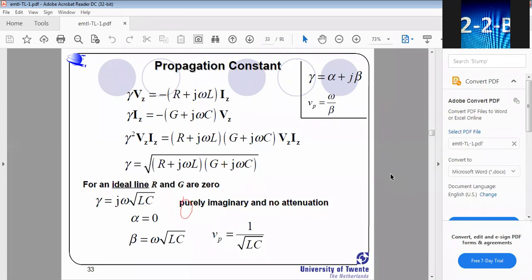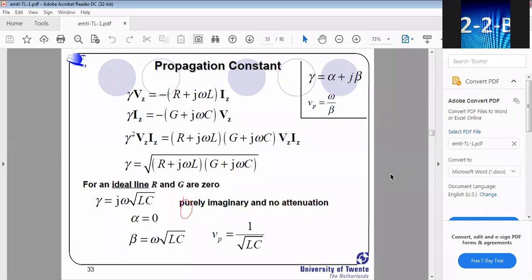Characteristic impedance is represented with Z naught. What is the relation between alpha, beta, and gamma? Gamma equals alpha plus j beta, where alpha is the attenuation constant.